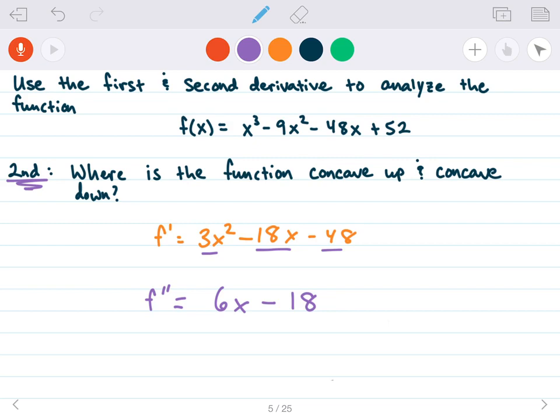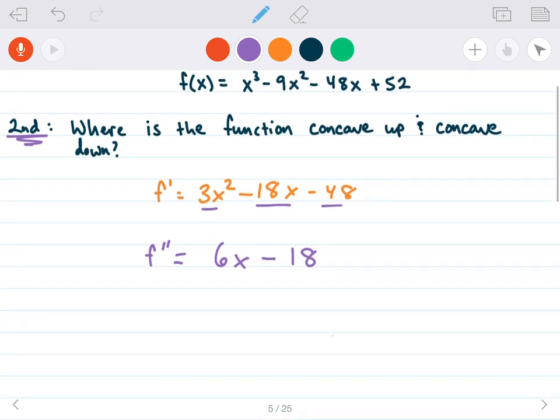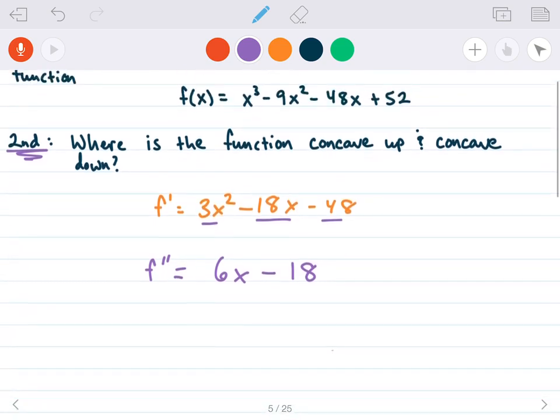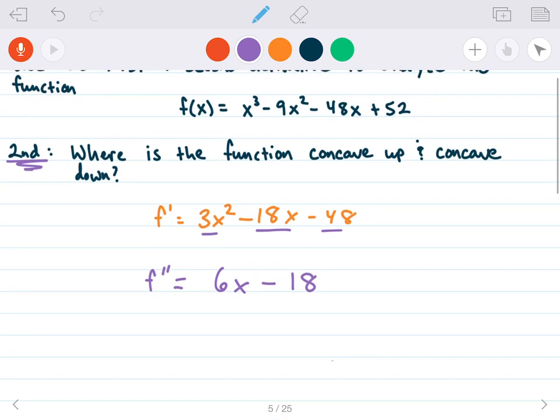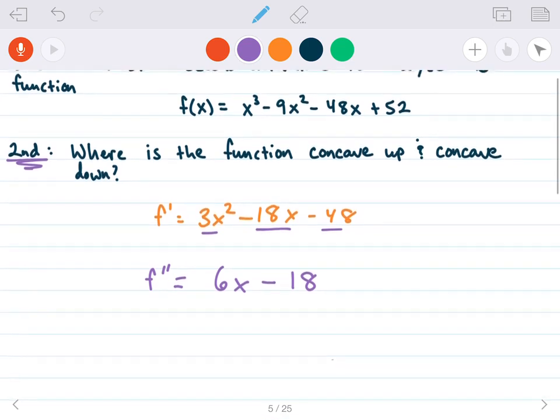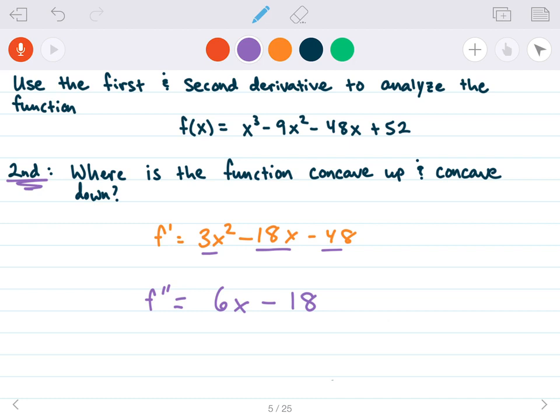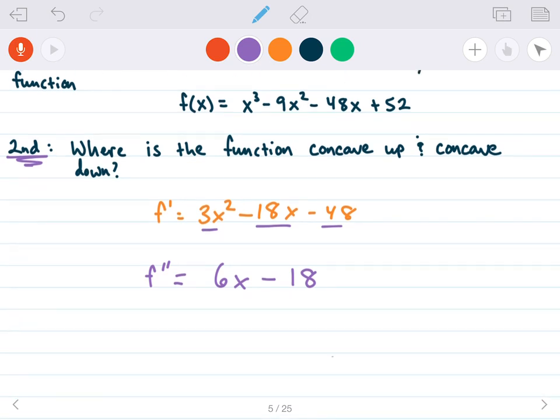All right, so remember, concave up and concave down depend on where the second derivative is negative and where it's positive, right? So the question is, when is this function negative?